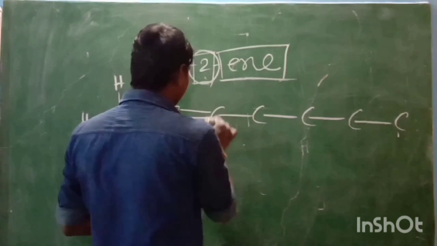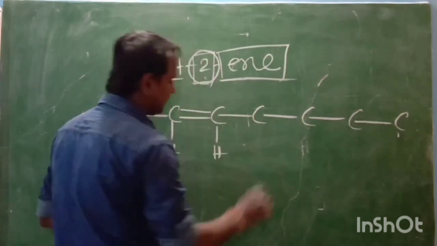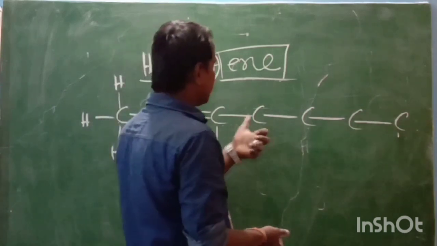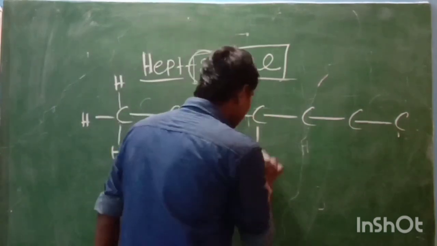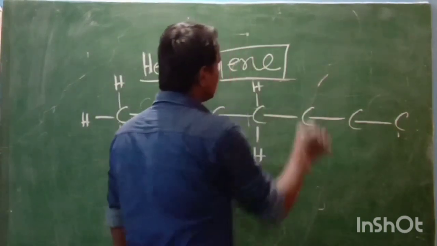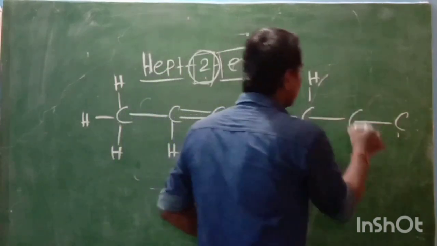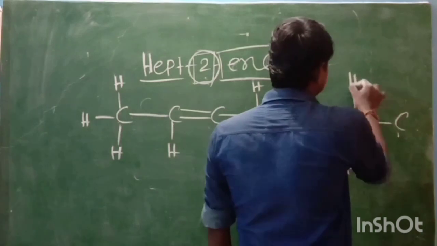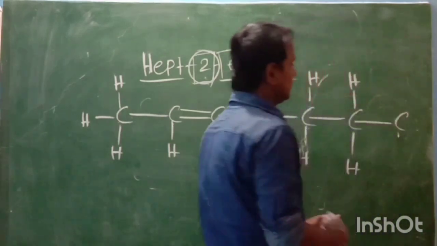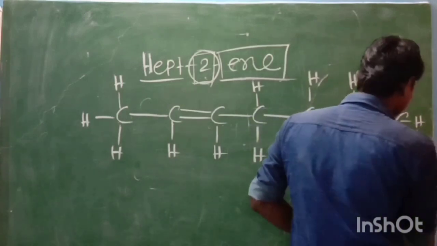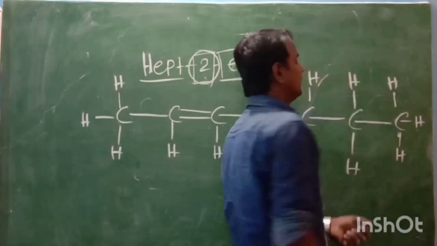And here also the carbon forms 3 bonds, 1 bond is left. Here the carbon forms 2 bonds, 2 bonds are left, formed with 2 hydrogen atoms. Here also 2 hydrogen atoms, and here also 2 hydrogen atoms. And the last carbon forms 1 bond, so 3 bonds are left, formed with 3 hydrogen atoms.